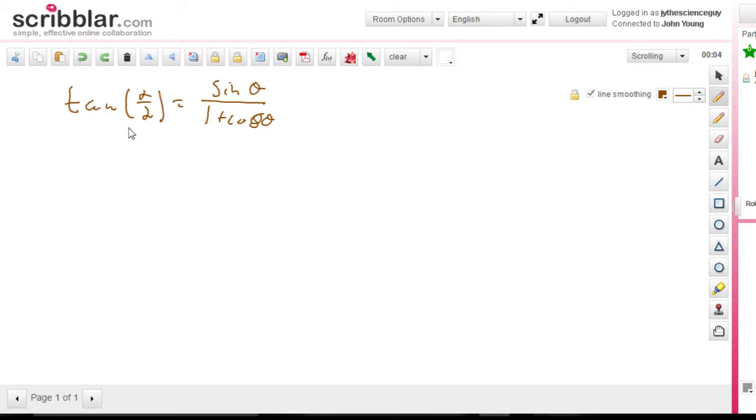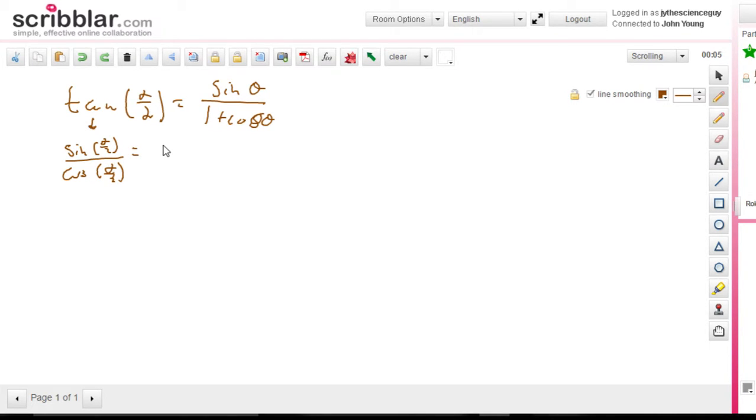And so I'm going to start this proof by just dealing with stuff on this side. So I'm going to rewrite the tangent of the half angle as the sine of the half angle over the cosine of the half angle. And I believe yesterday I had already proved to you what each one of these were.